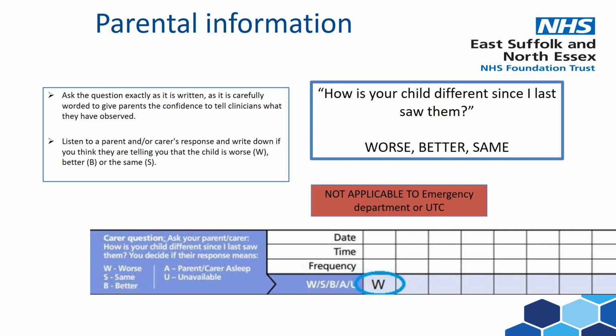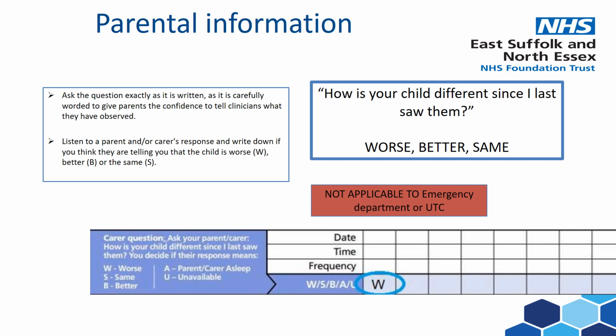Now, how we are going to get this to work in Clacton UTC. This is going to be very different because this is the first time that you are seeing the child and their parent, and the child or parent is going to be concerned when they first present to you. We don't necessarily expect you to fill out this question initially when you first triage them, but what we do want to see is that you are taking into account what the parent is telling you.